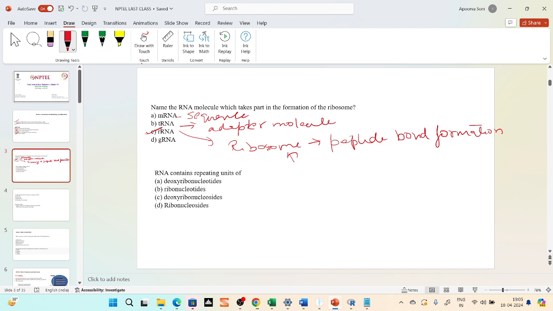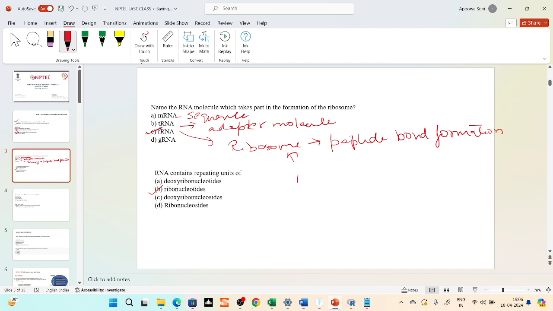Next question is, RNA contains repeating units of deoxyribonucleotides, deoxyribonucleosides, or ribonucleosides. What should be the answer? So the answer should be ribonucleotides. Why?